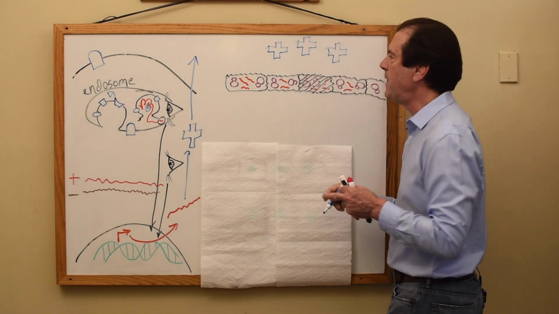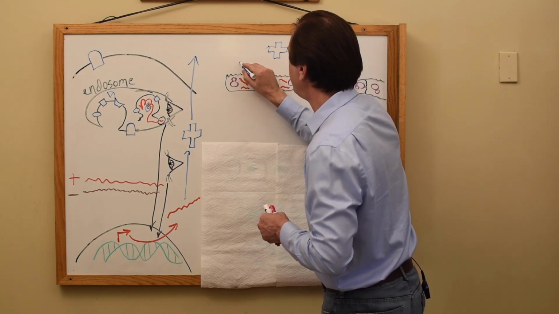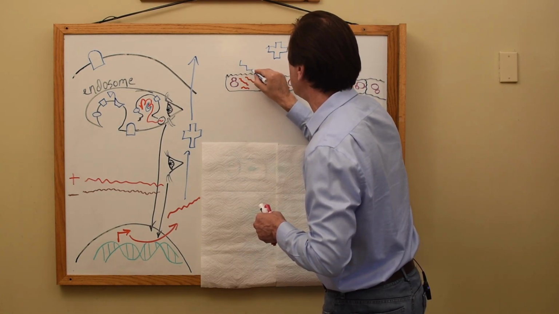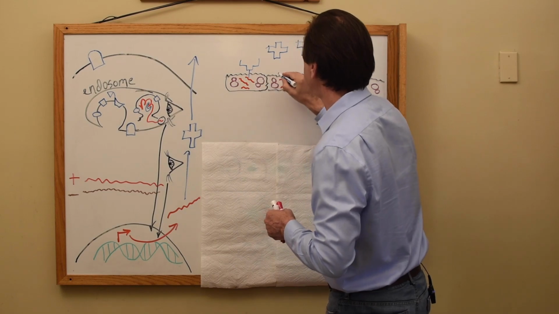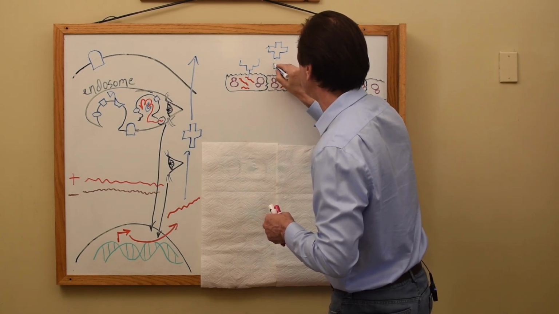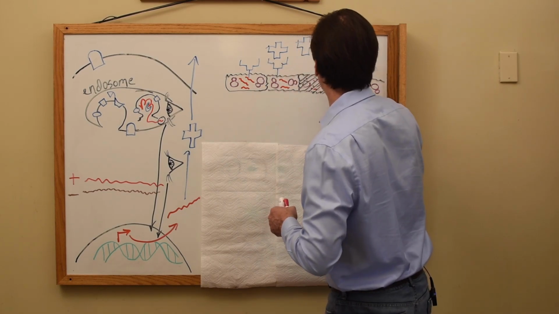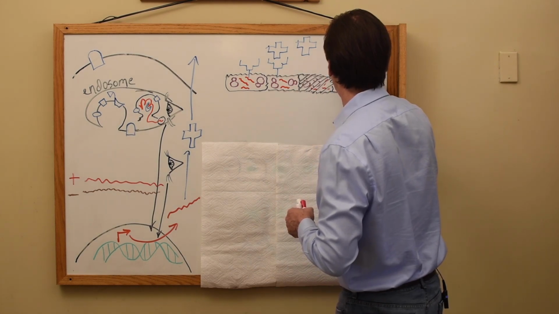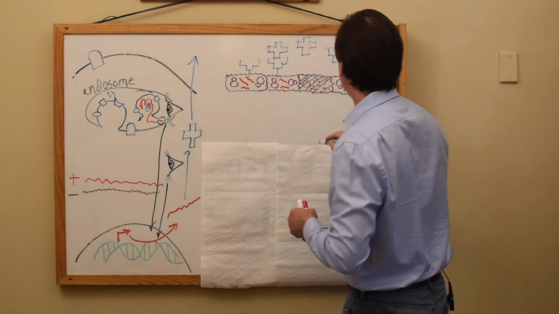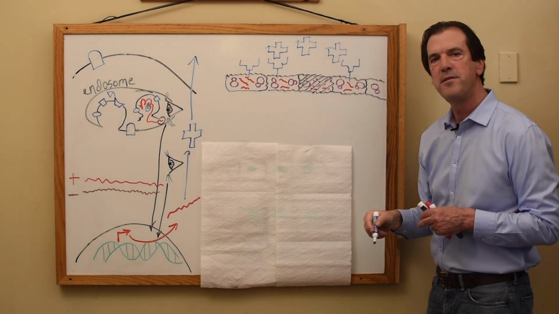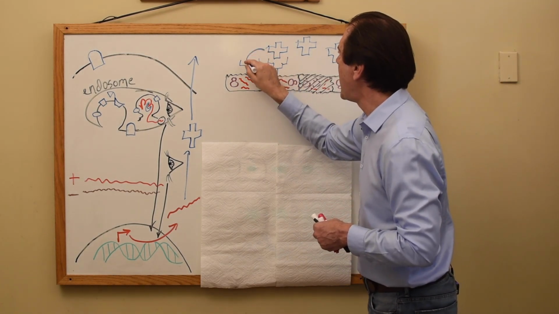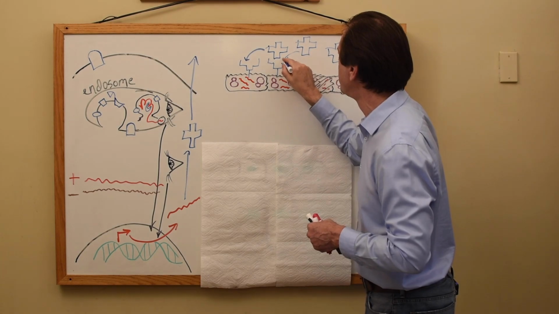So I'll draw multiple molecules here coming outside. Now, a key point is that cells have interferon receptors. All cells have these kinds of receptors. And I'll just draw a few of them here. And the interferons that are secreted can dock into these interferon receptors.